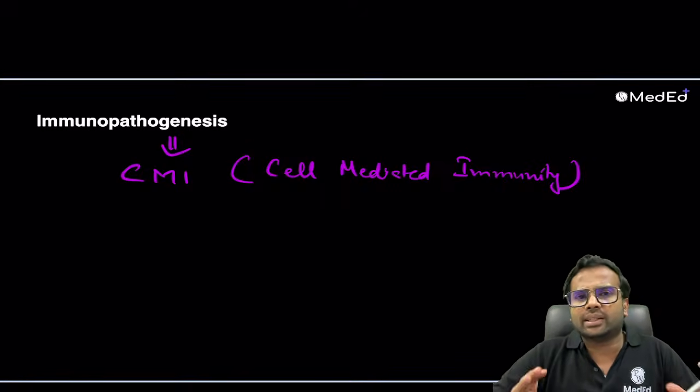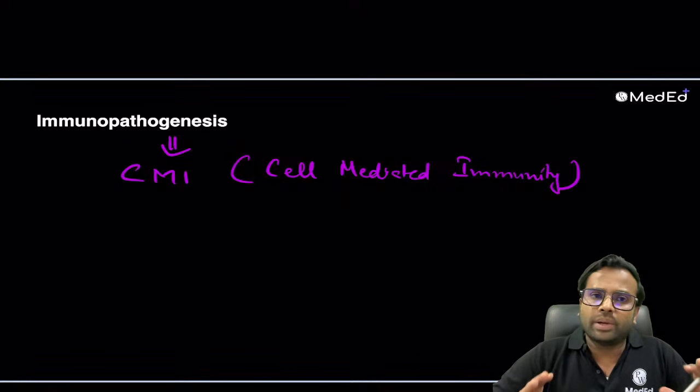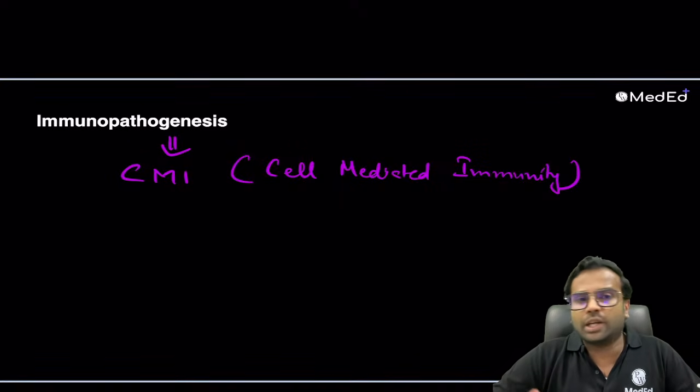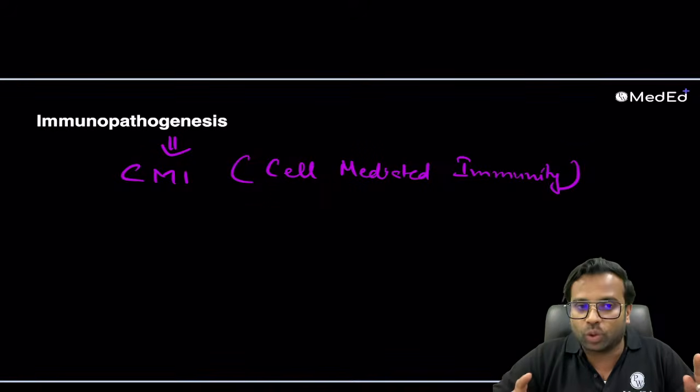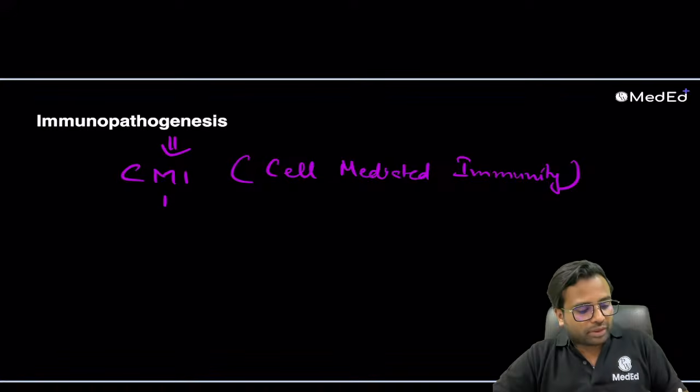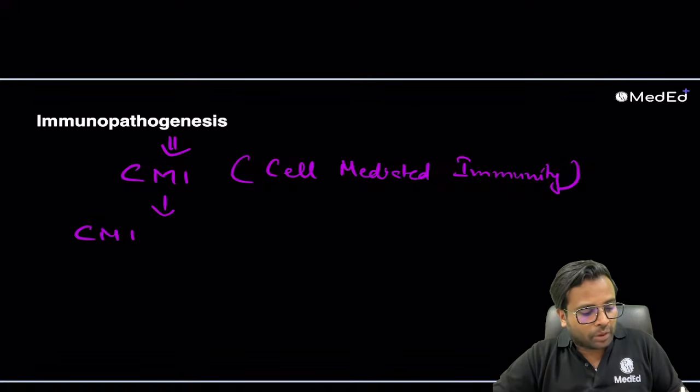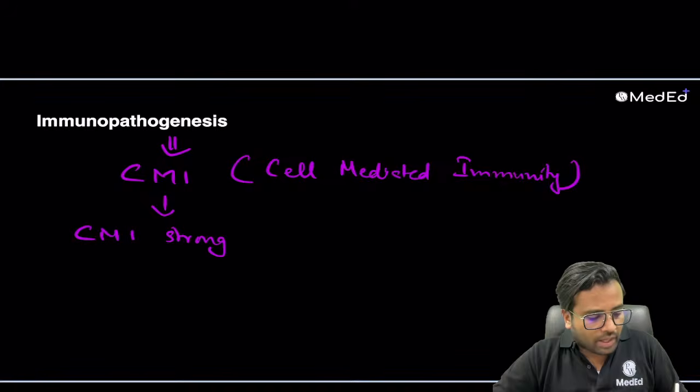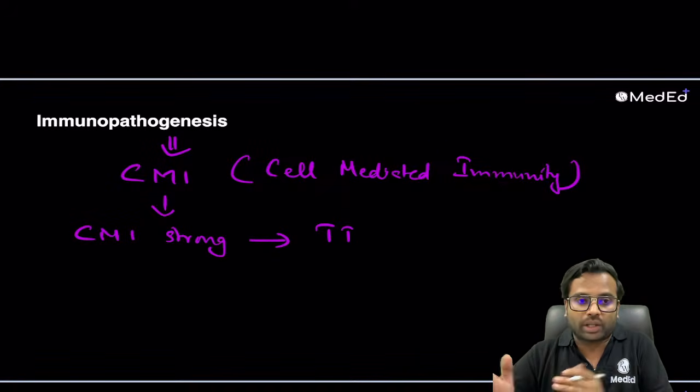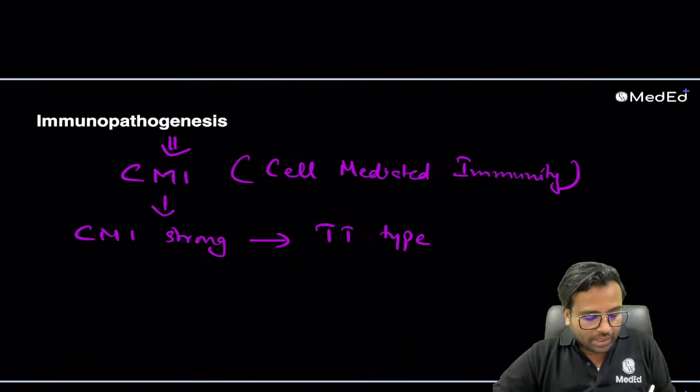Basically the idea here is we will be dividing leprosy into various types, but in all those cases the primary role is played by cell mediated immunity. If the cell mediated immunity is very strong, then the patient would end up in a tuberculoid form, a TT type of leprosy.